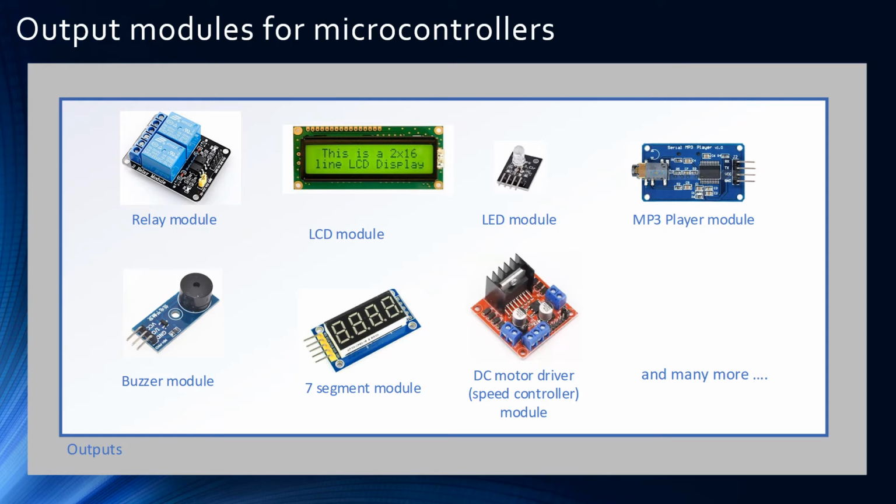A relay module is needed if you want to drive a load that cannot be supplied directly by Arduino. For instance, a bulb or lamp. The lamp requires 220 volt AC, and Arduino obviously cannot provide that output.